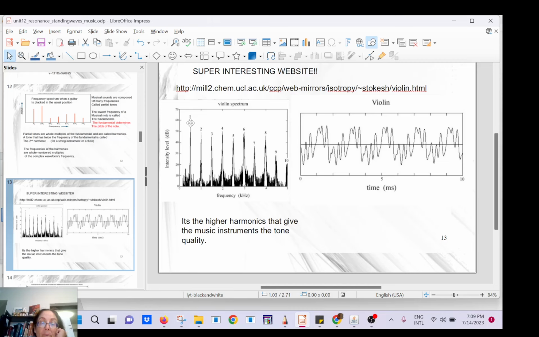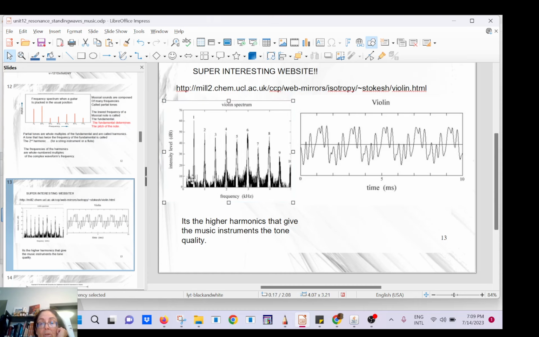The pitch will be given by the first harmonic, the fundamental, but inside that sound you have a superposition of all those harmonics. Not much of the tenth harmonic, a lot of the first, a little bit less of the second. So it looks like this as a waveform.